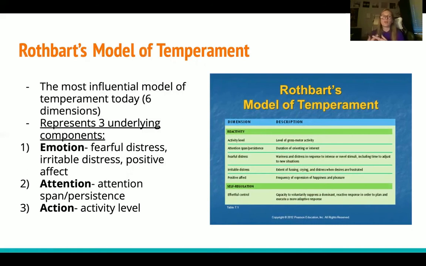The first one is emotion, which deals with fearful distress, irritable distress, and positive affect, as also shown in the model on the slide. The second one is attention, which deals with attention span and persistence. The third one is action, which deals with activity level. So basically it deals with the 2 extremes of these 3 underlying components, placing children in those and examining them.